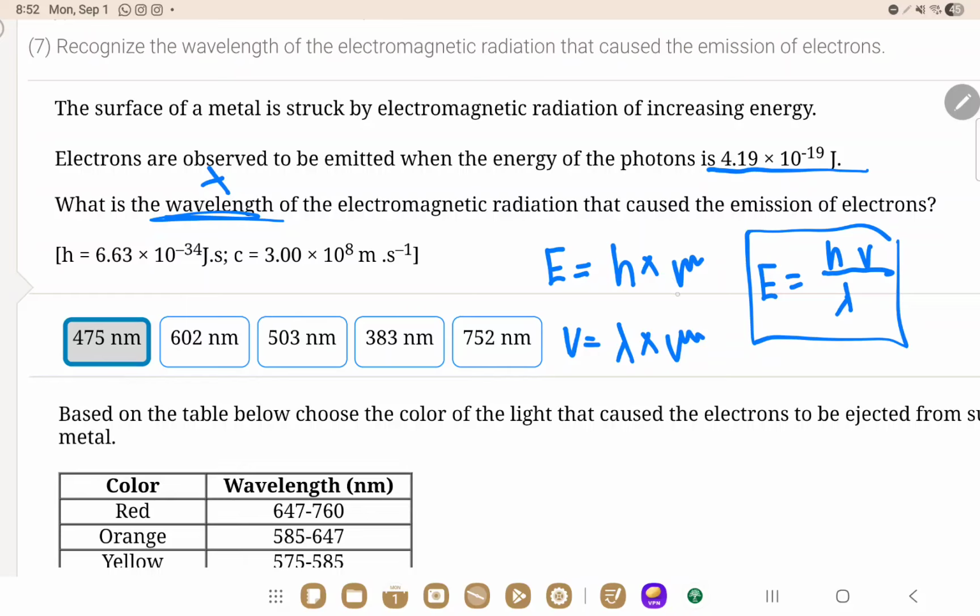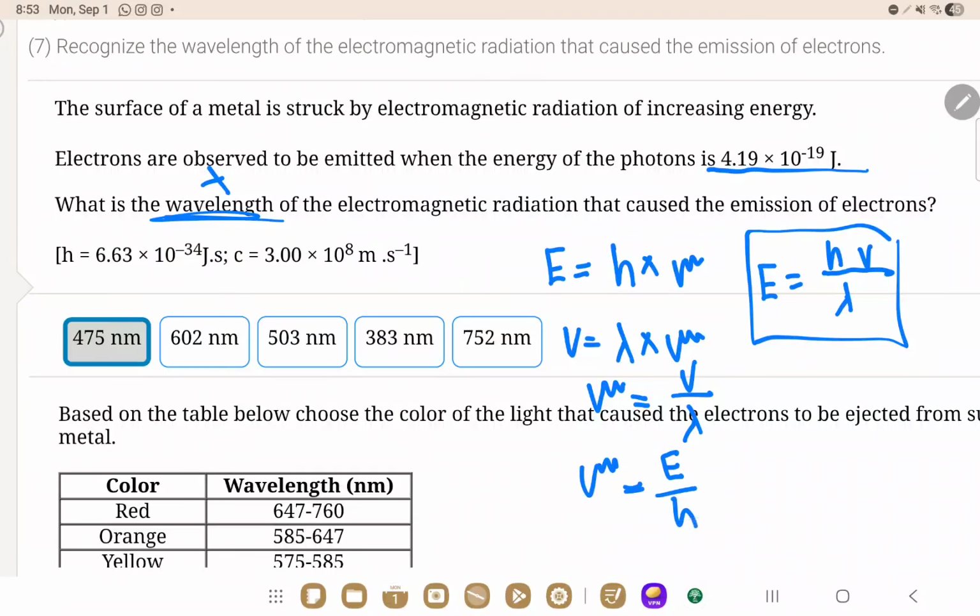Because we have the frequency in common, you can rearrange one of the equations. So frequency equals the speed of light over wavelength, and frequency equals energy over Planck's constant.